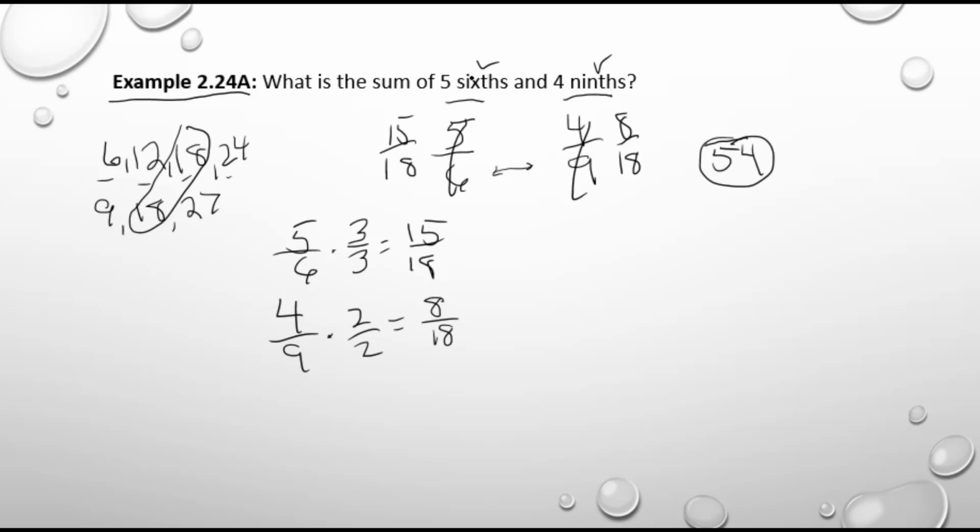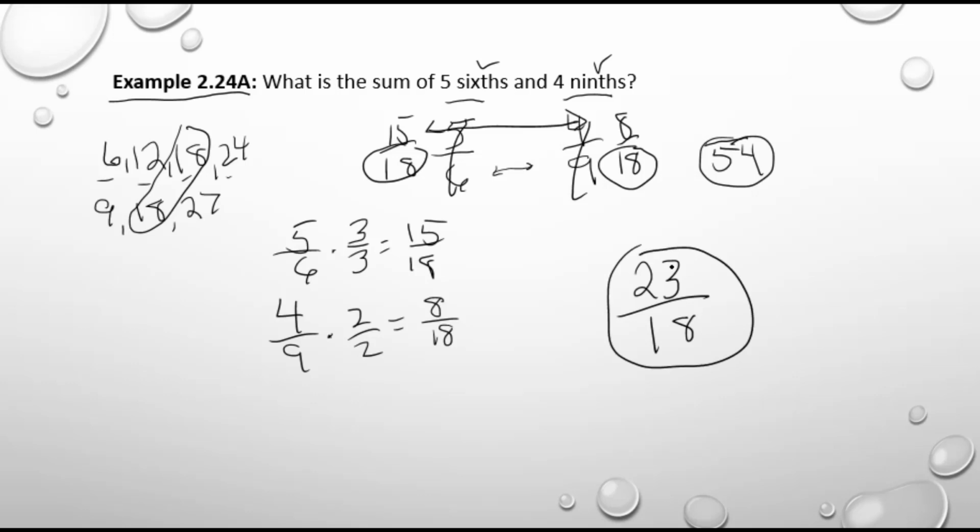So I changed the units so that the units were the same, namely 18. So if the units are the same, I could just go ahead and add how many I have of each, which would be 23/18, which, it's an improper fraction, obviously it's more than 1. It didn't ask to, but I could turn it into a mixed number, which would be this.